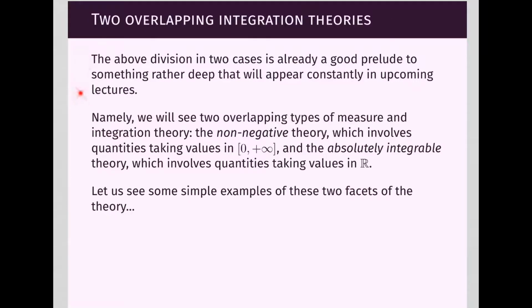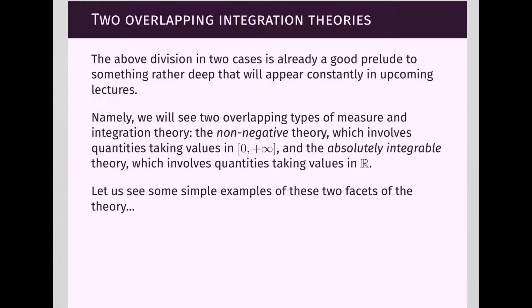And these two cases, which do have some overlap, this division in two cases will be present very often in this theory, and we'll see this very often starting from week 4 of this module.